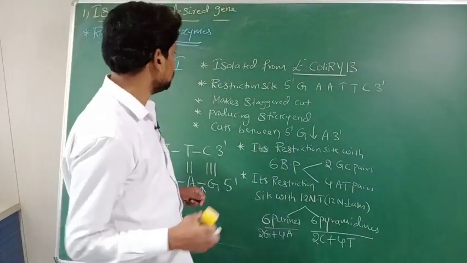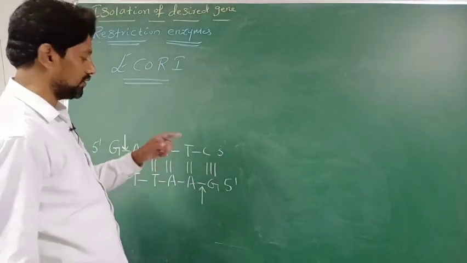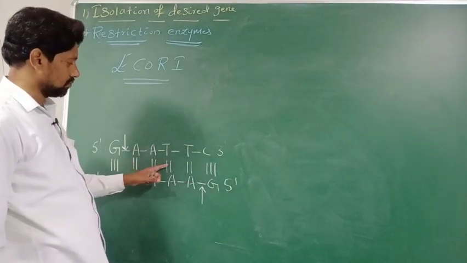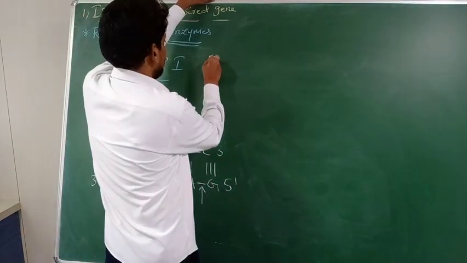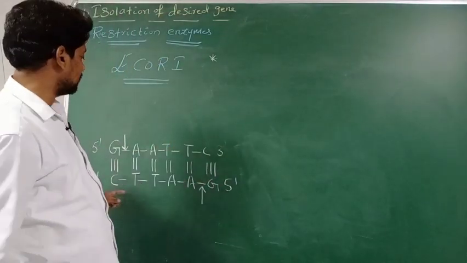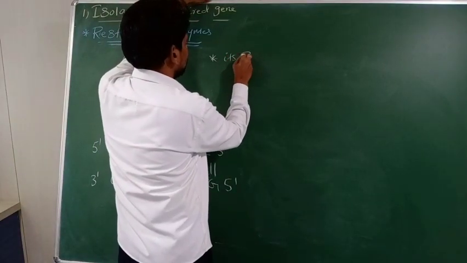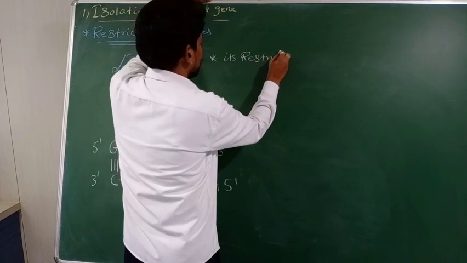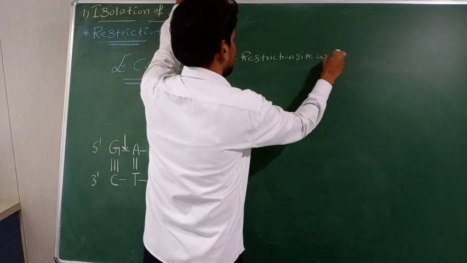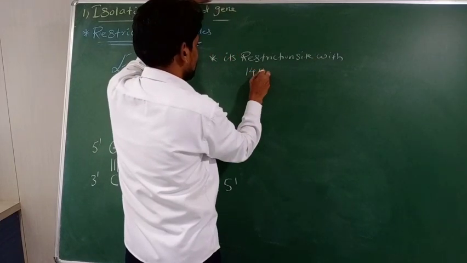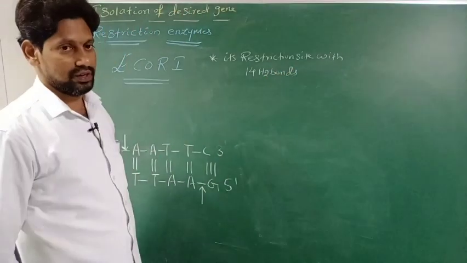Clear? Right? Listen here. In its recognition site or restriction site, how many hydrogen bonds are present? If you count the number of hydrogen bonds, they will be 14. I am discussing the restriction site of Eco R1. Therefore, its restriction site has 14 hydrogen bonds.